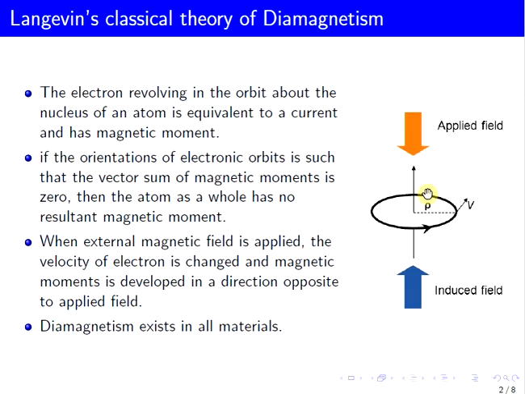Omega 0 is the original frequency of revolution of electrons in the absence of the magnetic field, but when we apply the field, this frequency will be changed. So the effect of the field can be studied by the change in frequency of revolution of the electrons.